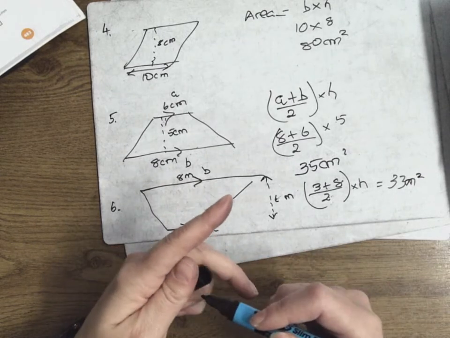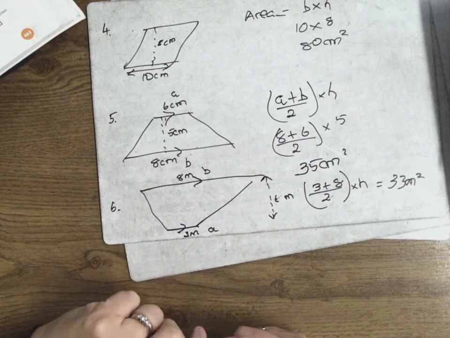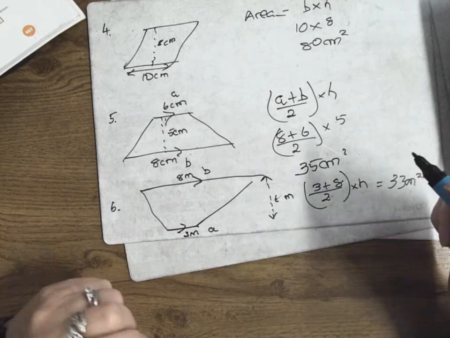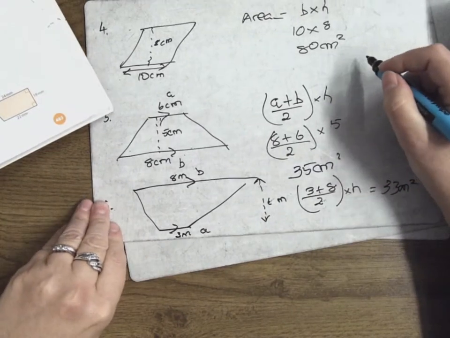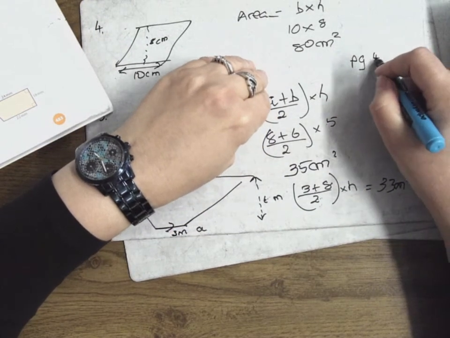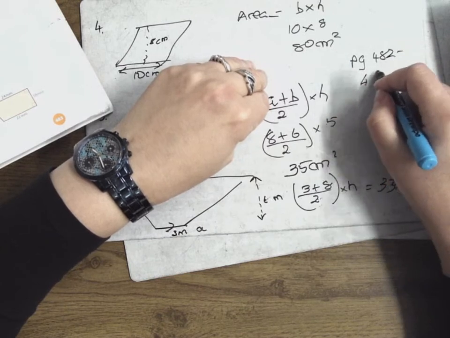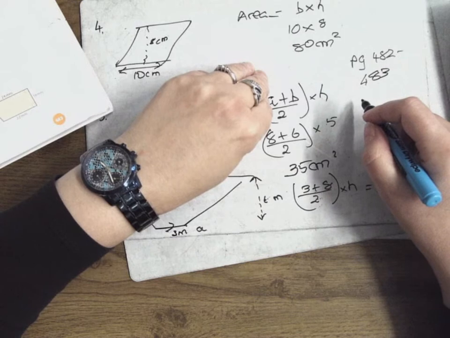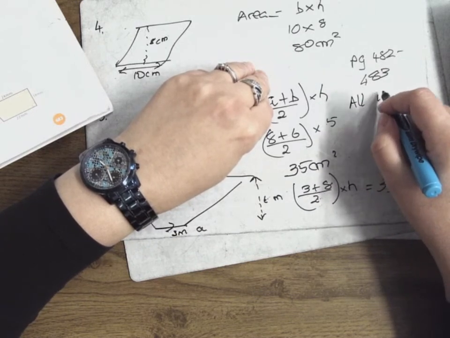Is that alright? What I'm going to do now is take a photo of the pages in the book, all the ones I put up. I'm going to photograph 2 pages, page 482 to 483. You're going to do all the part 1s.